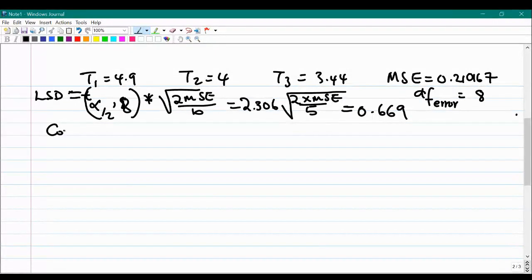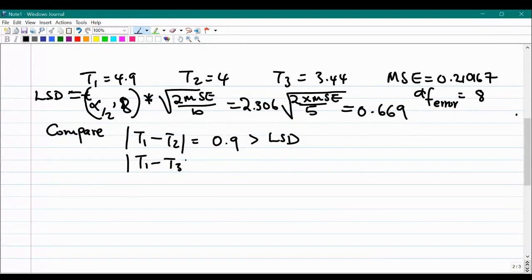So let's compare now. T1 minus T2. What is the value? 0.9, isn't it? 0.9 is greater than LSD. T1 minus T3 is 1.46. 1.46 is also greater than LSD.